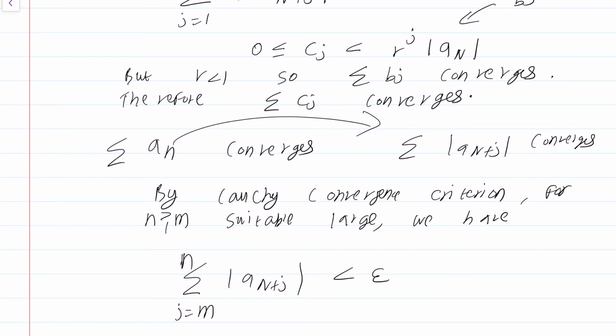So I must say, fix epsilon greater than 0. This is simply because summation mod a n plus j converges.